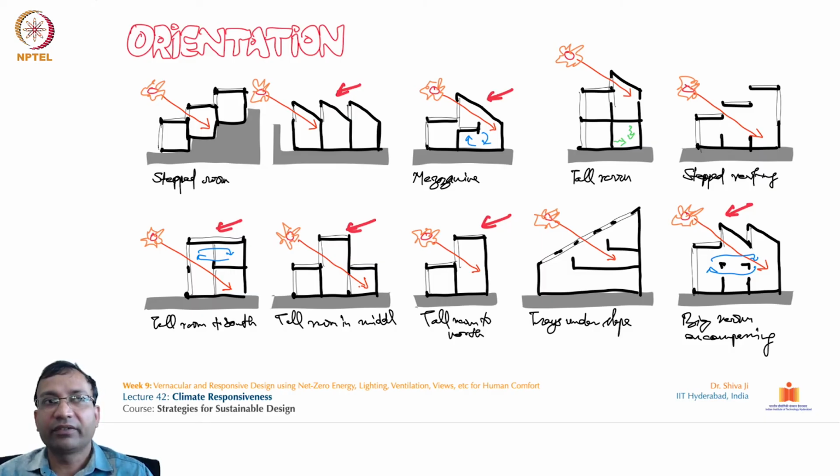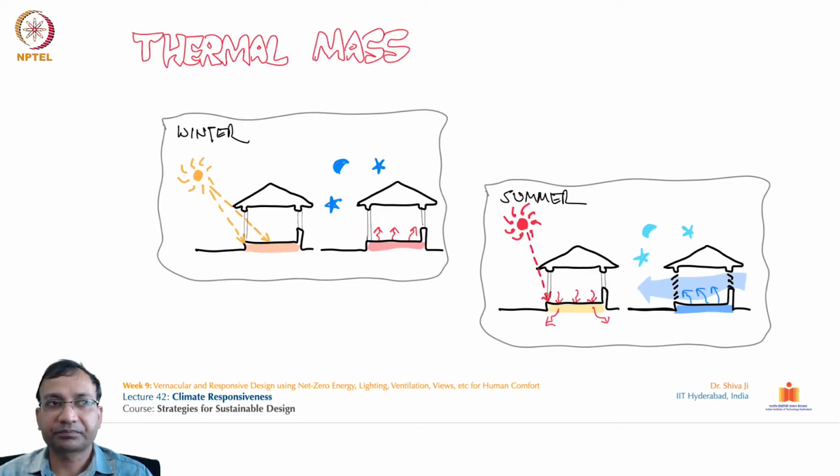So this is the staggered way of keeping the spaces in a layout, or maybe changing the roofing angle, or utilizing a combination of it, or going for a double height, or creating an entire roofing in a very staggered manner. So there could be n types of solutions possible in different conditions, and it depends on the topography of the land.